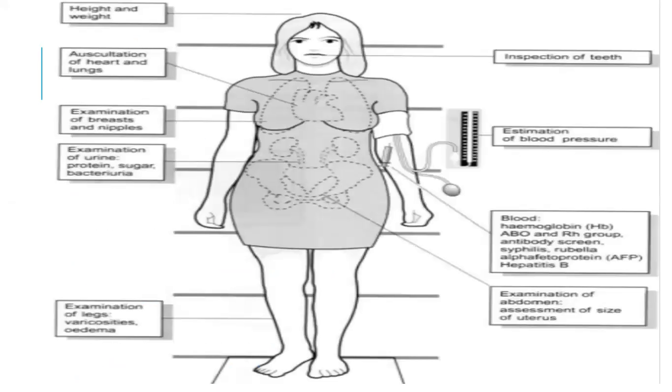So look at this figure. When an antenatal mother comes to the clinic for a regular checkup, these are the things you will be examining. You will be examining height and weight.